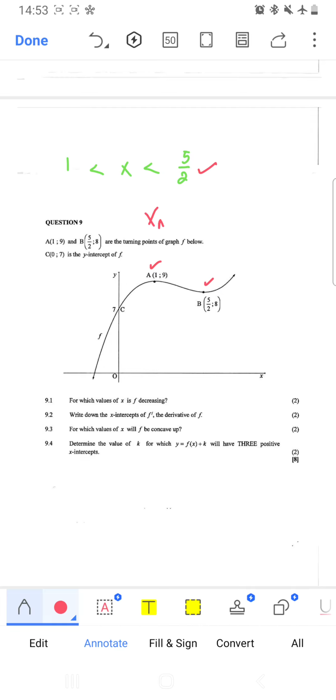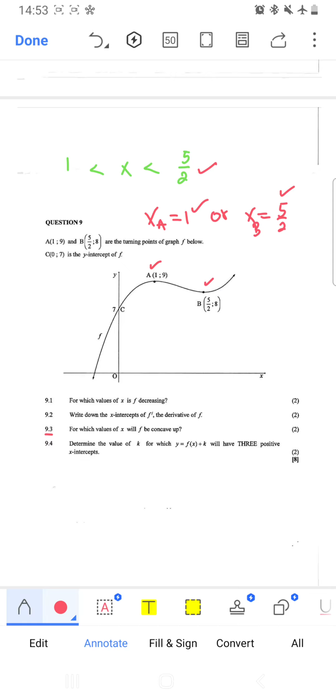So x at A will be the first x-intercept of the first derivative of f of x, and x at B will be the second x-intercept of the first derivative of f of x, right?